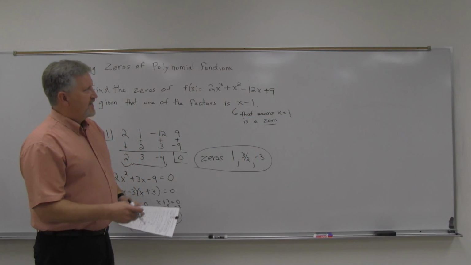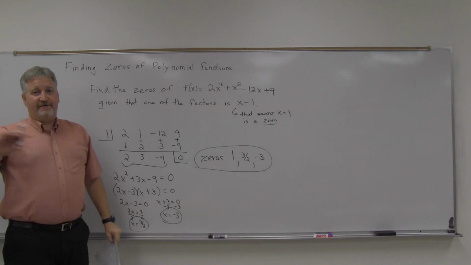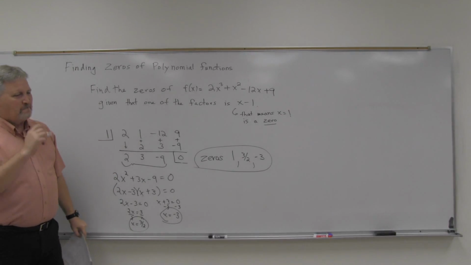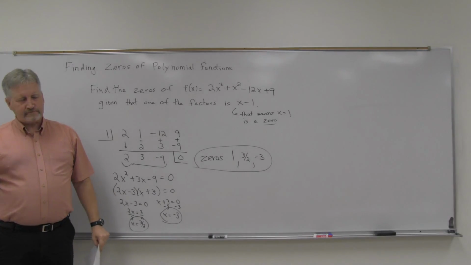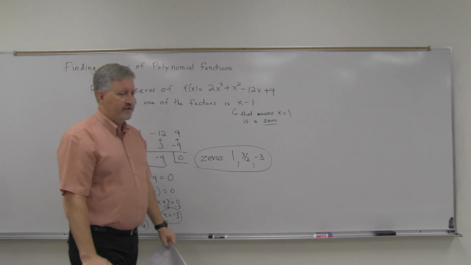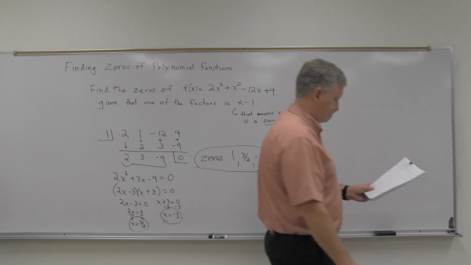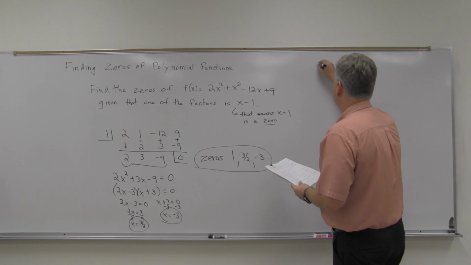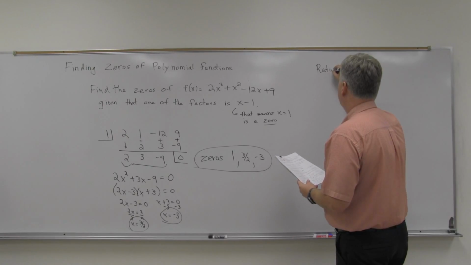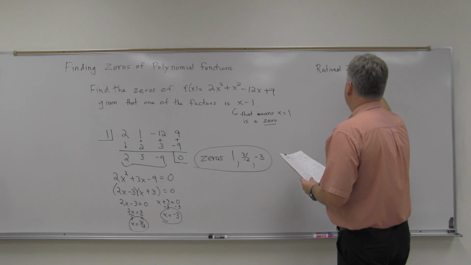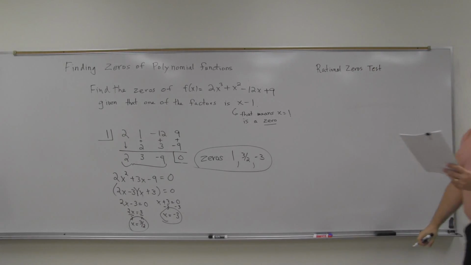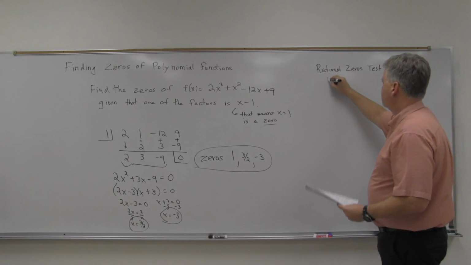Well, if we're given a polynomial function, third degree or higher, and we don't have any of the zeros, here's what we're going to use. This book calls this the rational zeros test. Other sources may call it something else, but here's what it is.